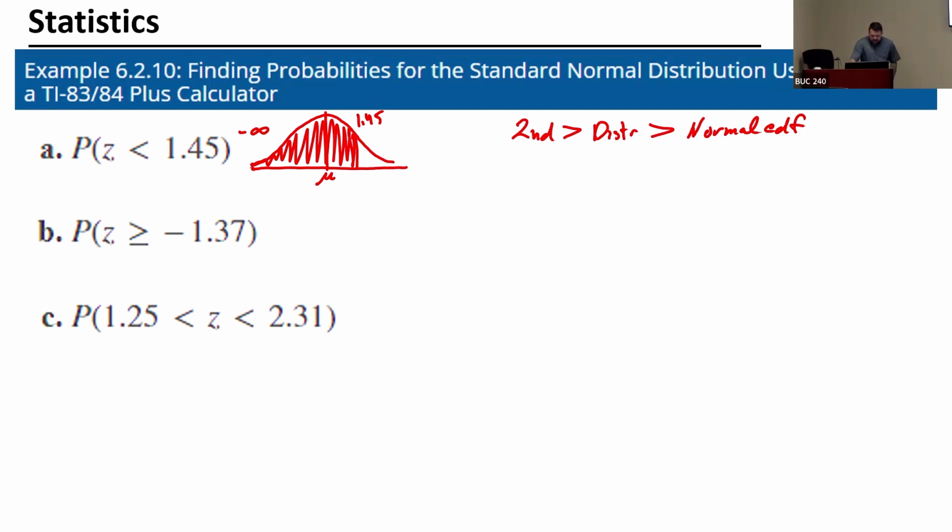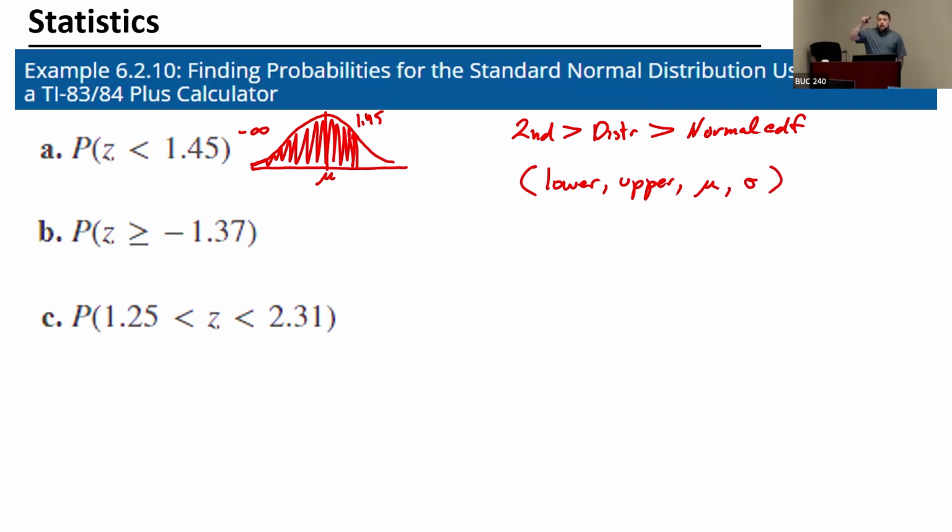All right, TI-83 people, after you hit normal CDF, you're going to see normal CDF and then a parenthesis. Here's how it works for you. You put in a lower bound first, comma, upper, comma, and then it's going to ask you for the mean and then the standard deviation.